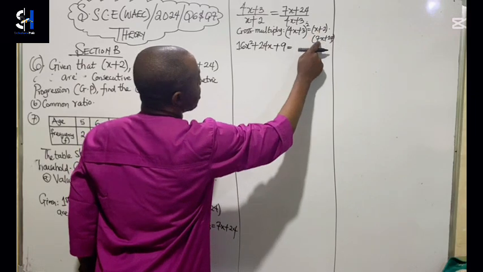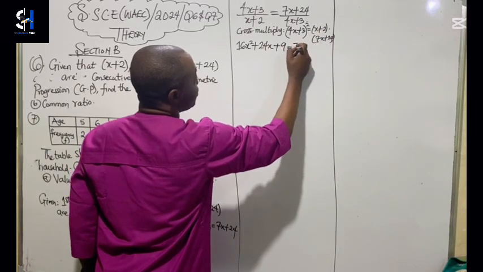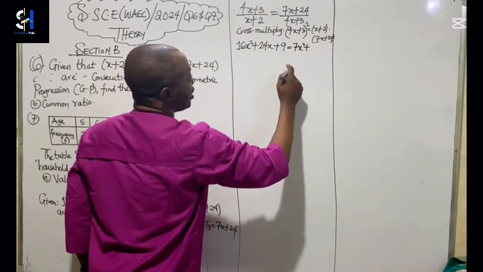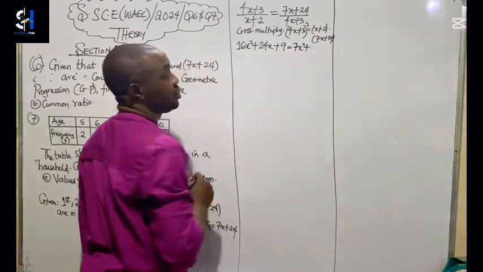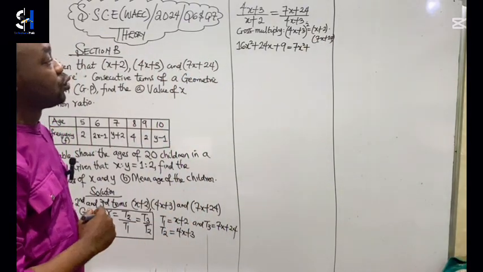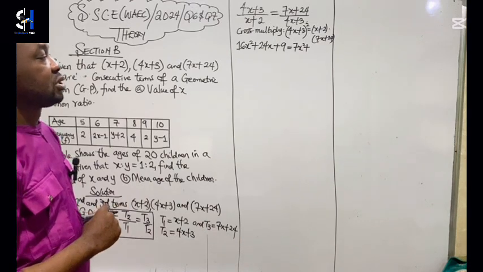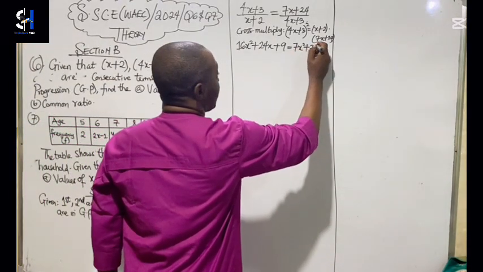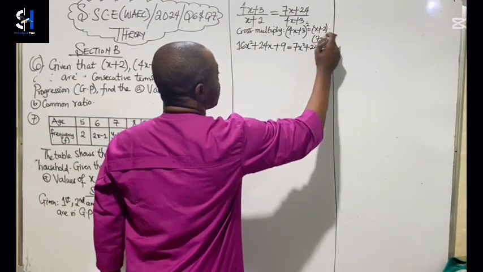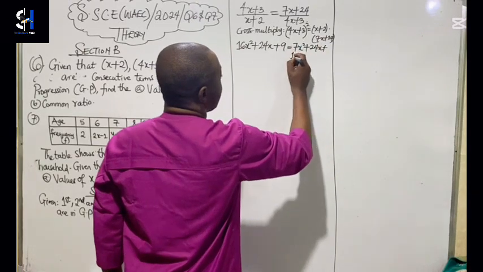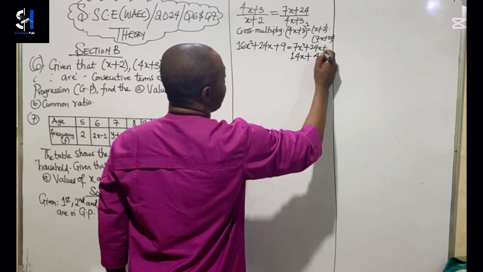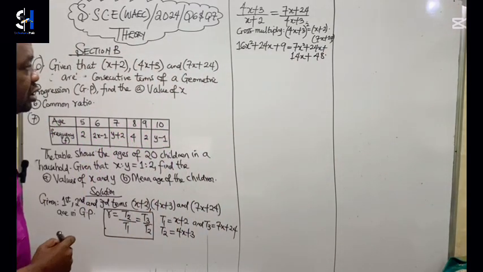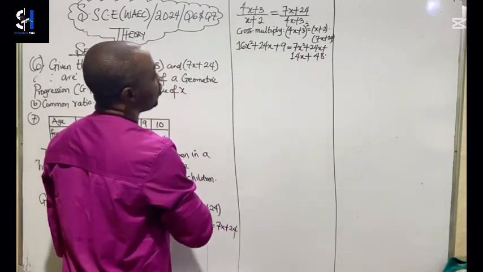That equals x times 7x, which is 7x squared, then x times 24, that is 24x, then 2 times 7x, that will be 14x, and 2 times 24, that will be 48.